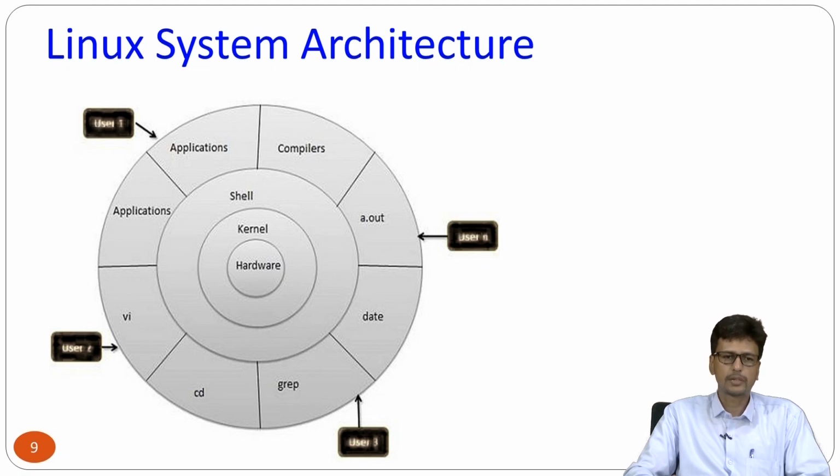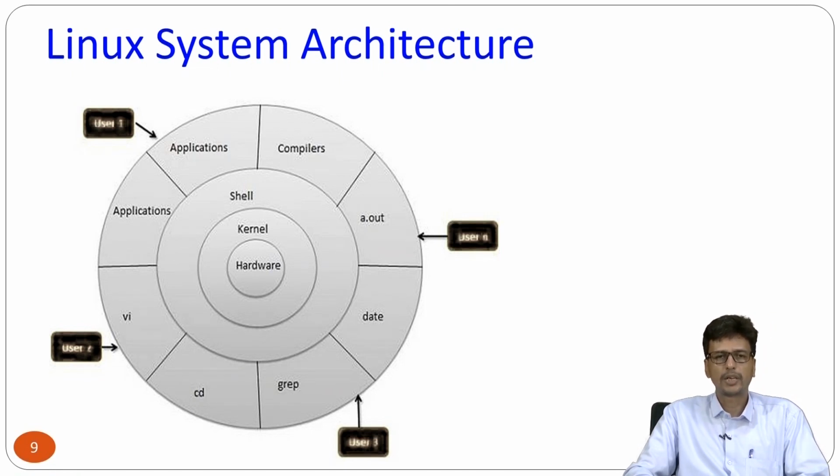First of all, on the outer side, there are the users. As you are already aware, Linux is a multi-user operating system. So user 1, 2, 3 up to n, multiple users can interact with the application. With the help of an application, compiler or command, the user will interact with the system. The system understands those commands with the help of the shell that we have seen.